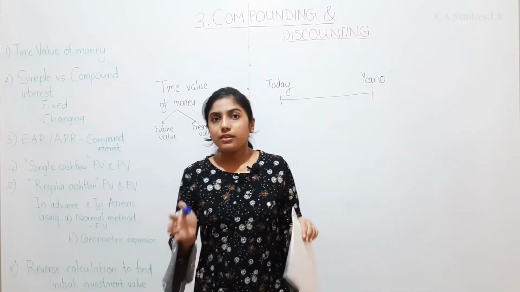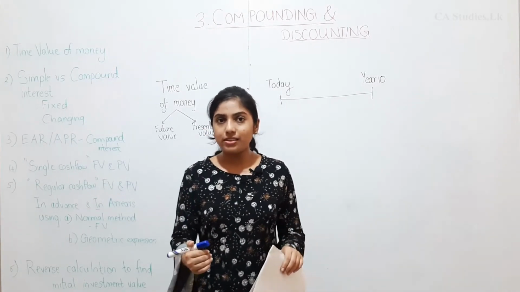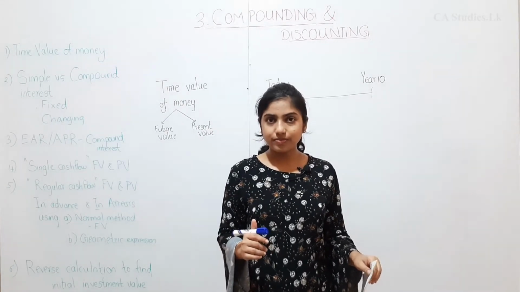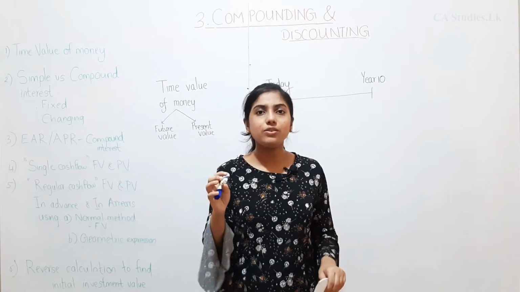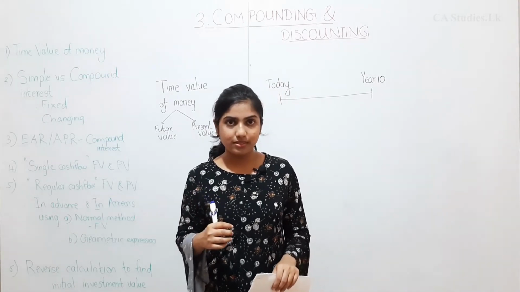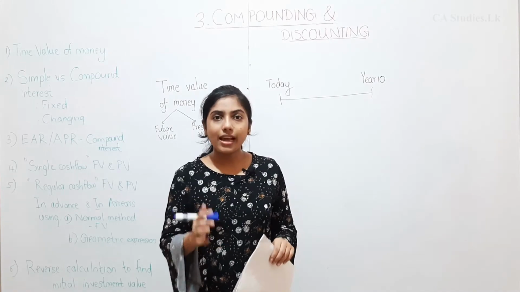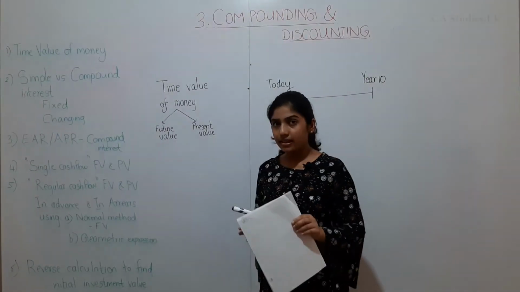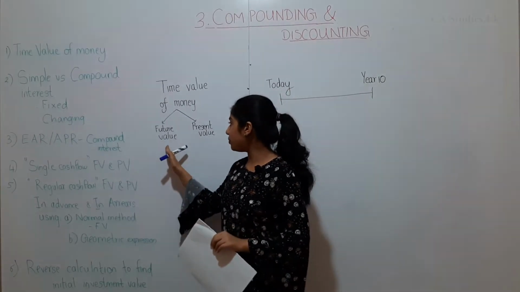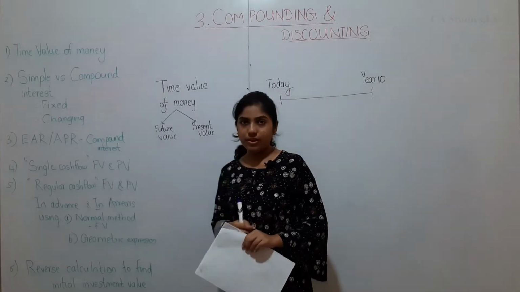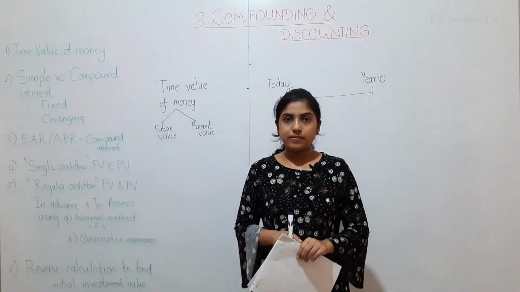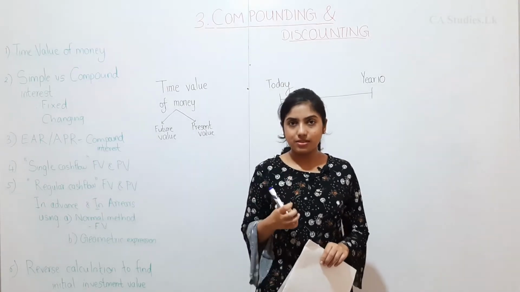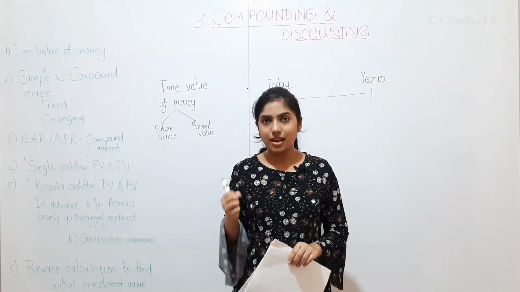So, the reason why today's money is not equal to the money in 10 years is because the value of the money reduces. That's why we say time value of money has a future value and also a present value. It creates a future value and it creates a present value because of time.